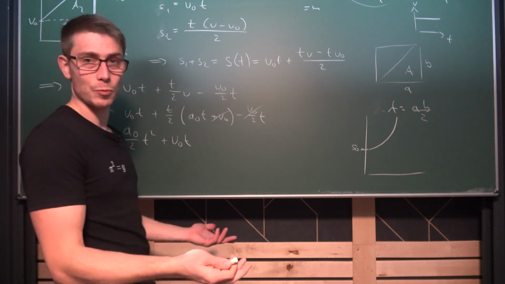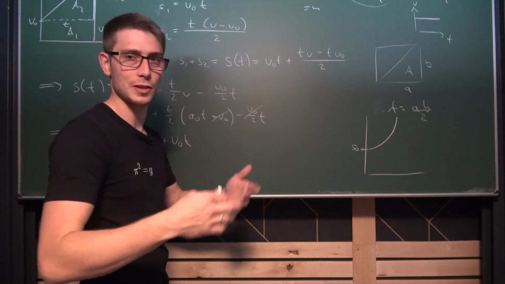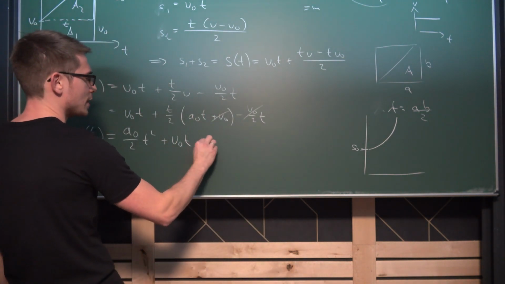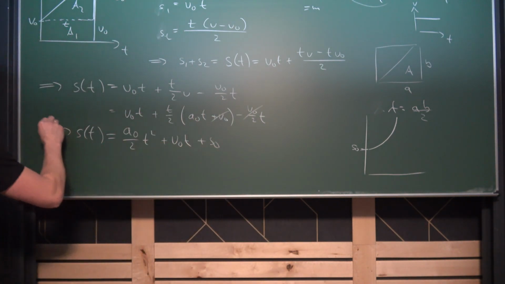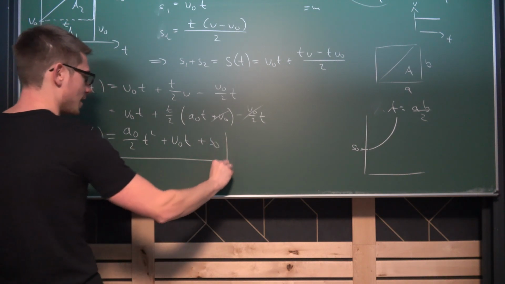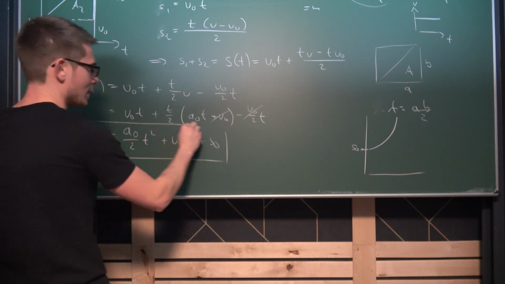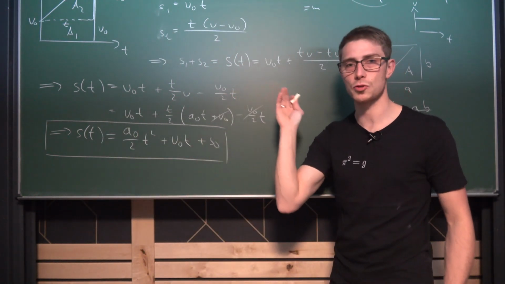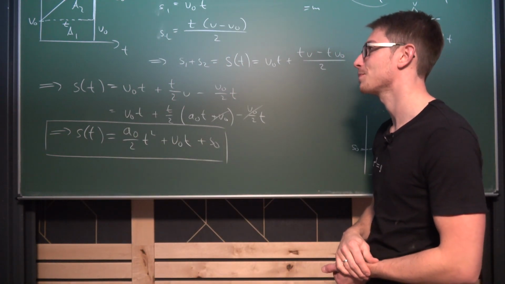And it's a y-intercept once again, so students can most of the time transfer their initial knowledge to this problem too and say, well, then we just add an S0 and then we are done. This right here is the generalized formula for the distance traveled given a certain constant acceleration.